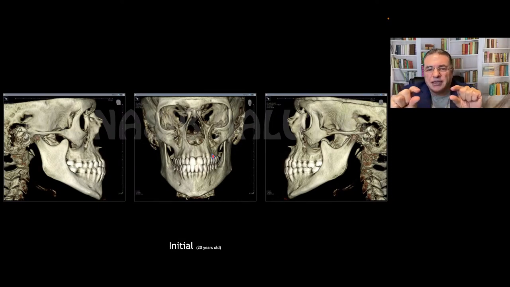Also, we evaluate the amount of attached gingiva in order to decide if I want to have that arch development just with the fixed appliance, or I might need another type of appliance.